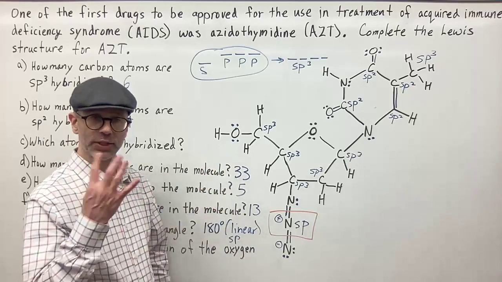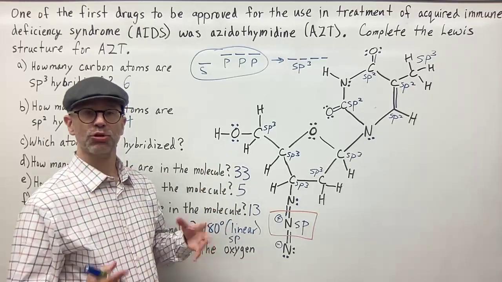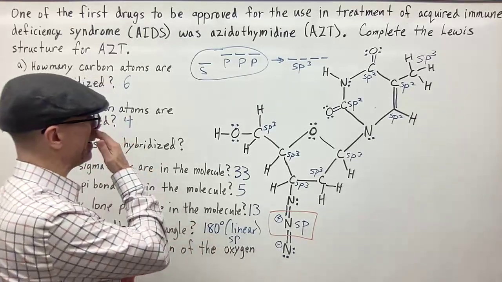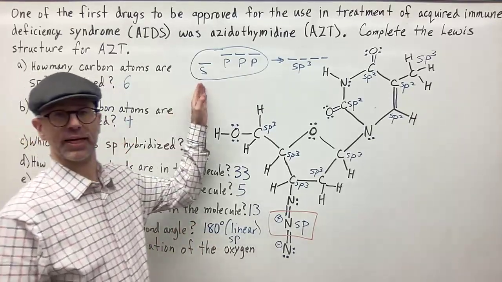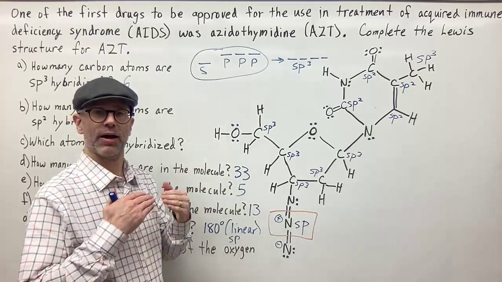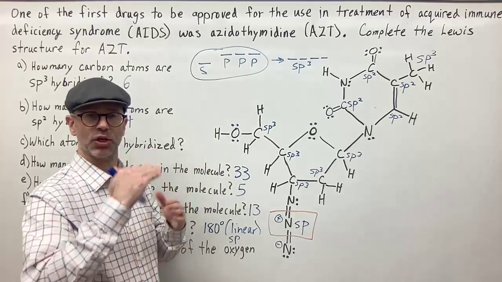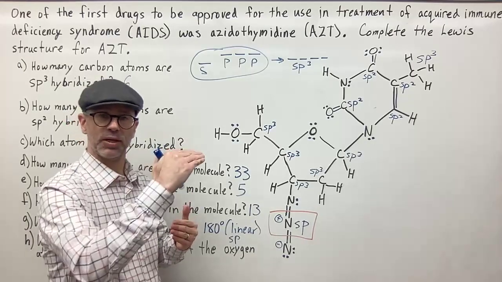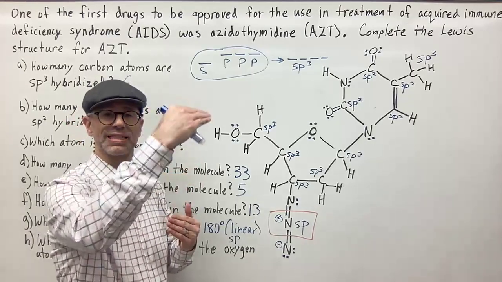So 4 electron groups means that we need to take 4 atomic orbitals. Remember, when you're taking atomic orbitals, you work your way from low energy to high. So you use up the S first, then use up the P's. If you need more, then you go into the D's.